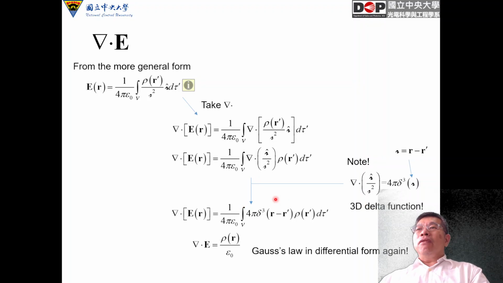In other words, we rewrite our funny R vector into R minus R prime. This tells us exactly the charge distribution. This integration of the three-dimensional delta function just replaces R prime by R without prime, and gives something like this. And this proves Gauss law in differential form. That's the official proof of Gauss law. Okay.